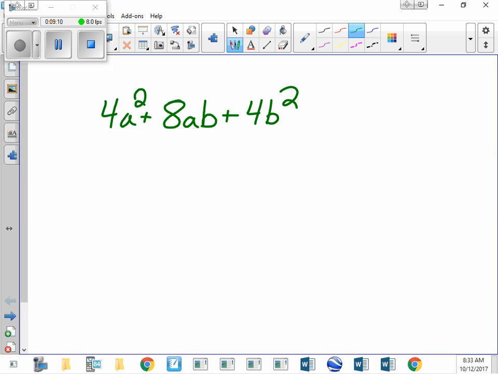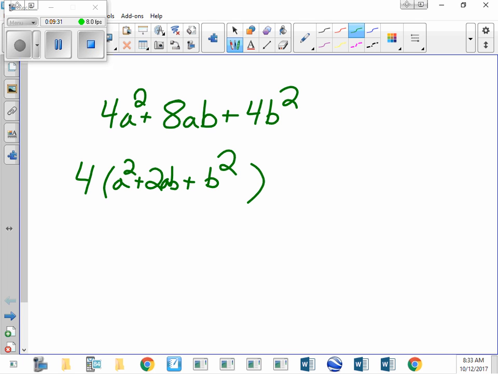A 4. So 4 times what's left? A squared plus 2ab plus b squared. I took a 4 out of each of those.